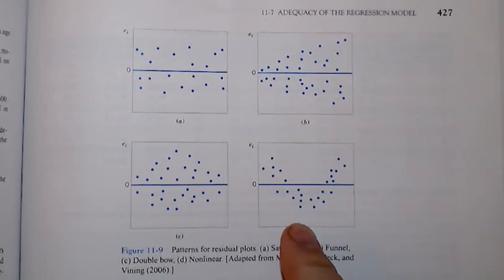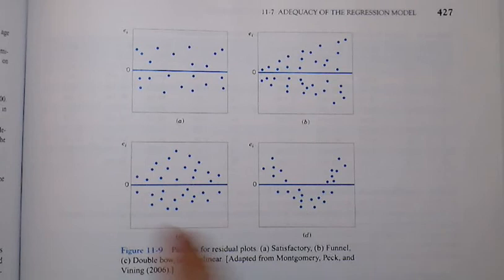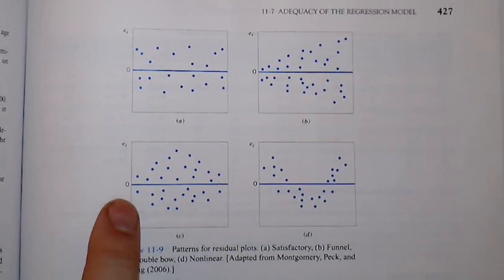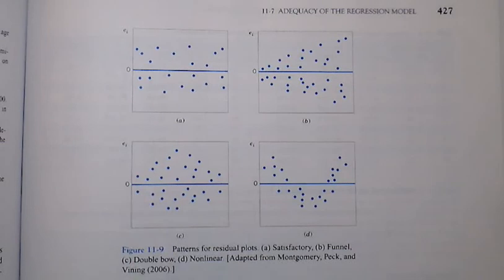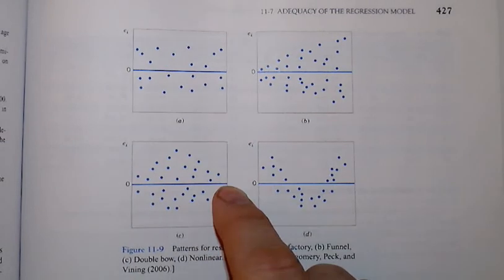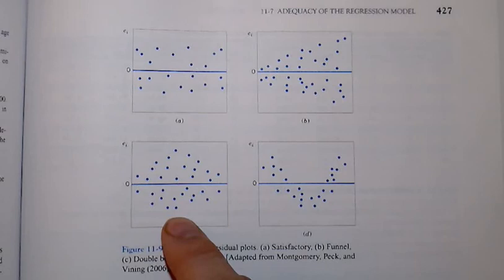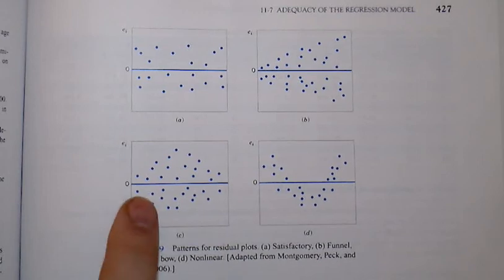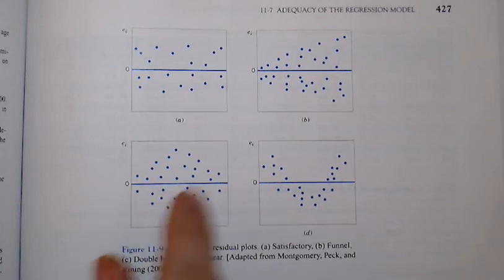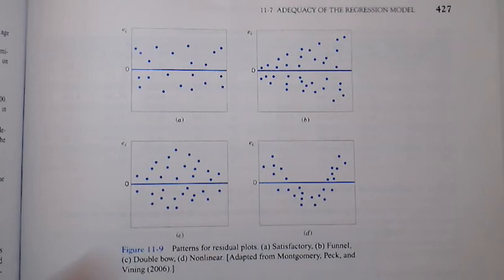And so maybe we try a different kind of fit to the data. And then this one is a double bow. It's really a double funnel. A funnel opening up from the left, and then a funnel that opens up from the right as well. These are also suggestive of some other anomaly going on, probably not so much the linear model, but something else happening to create this.